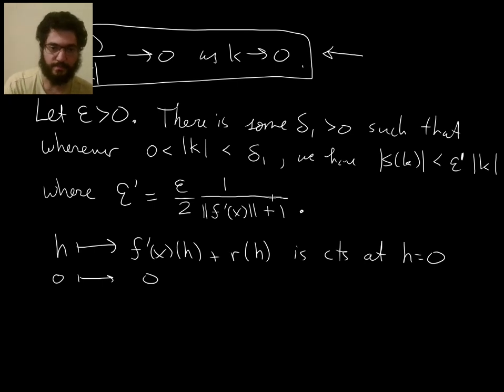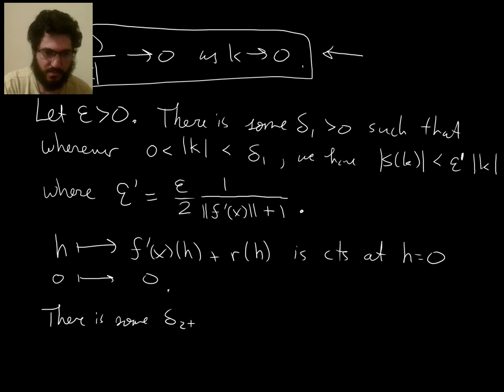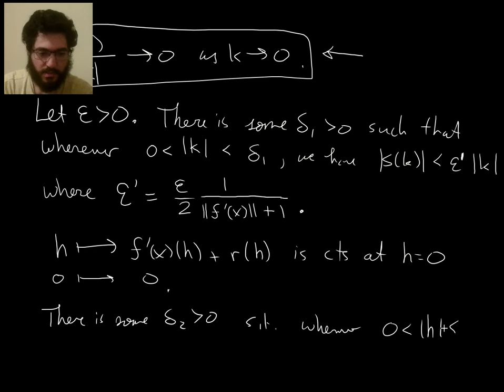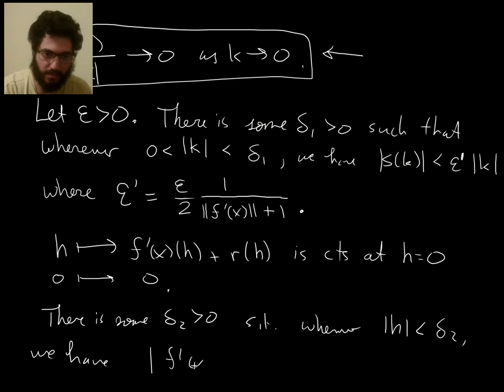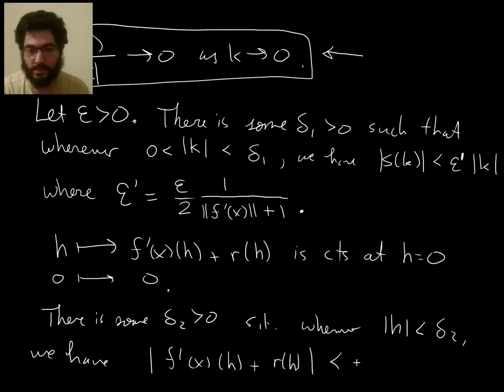So that means there is some delta 2 greater than 0, such that whenever h in norm is less than delta 2, actually this is a continuity, not limit, that I'm using, we have that the norm of that thing is less than, and then I can put any positive number I want here.